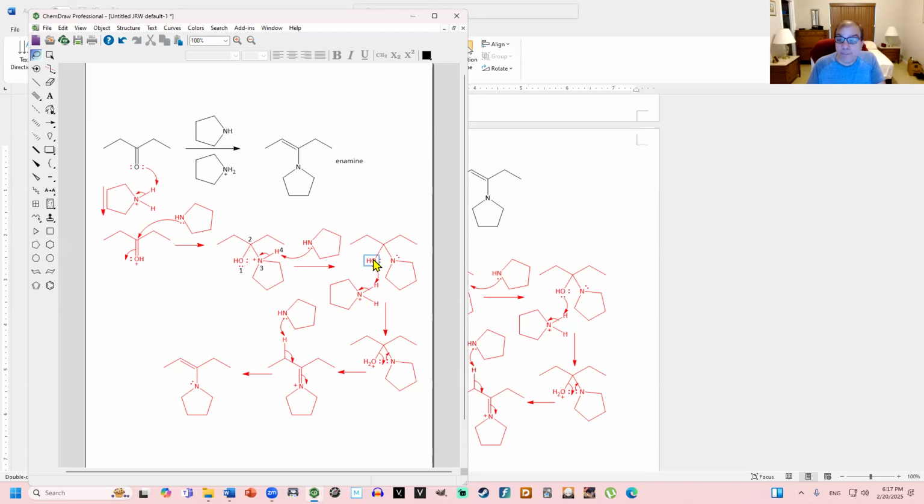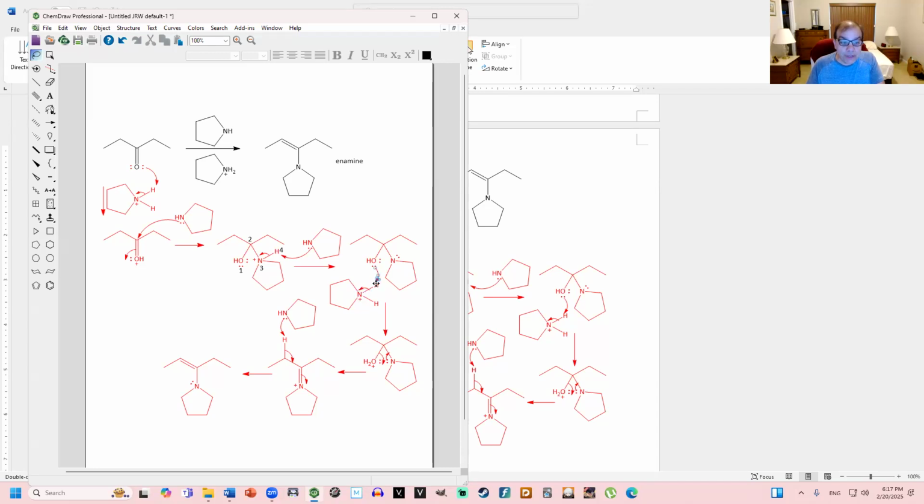Now we can go ahead and protonate this OH oxygen, and we will use the acid that we're given in order to put that proton on. The acid that we're given is the conjugate acid of the secondary amine. So the electron flow again starts at the OH oxygen. We draw an arrow to the proton that's on our acid.